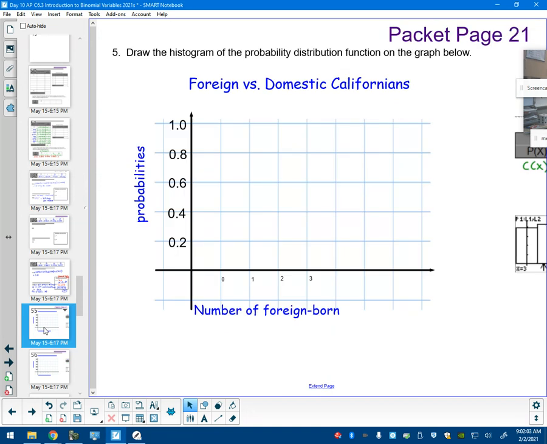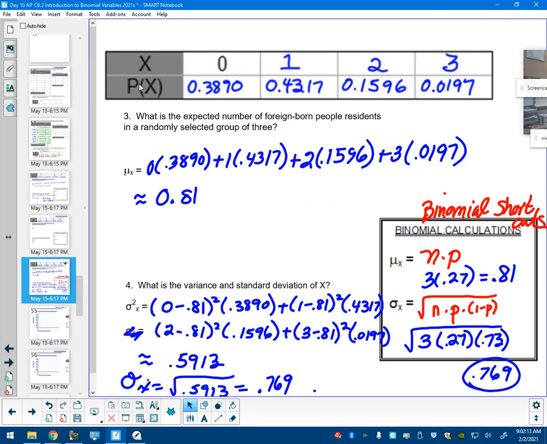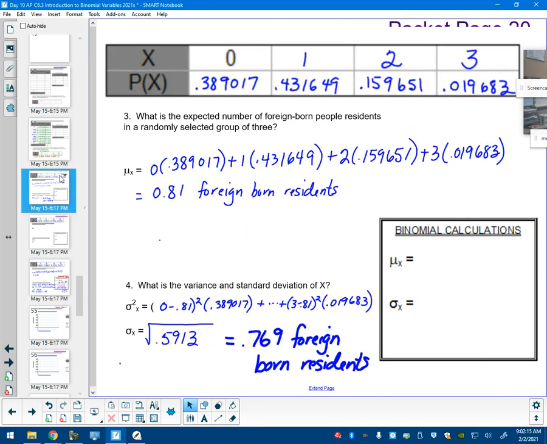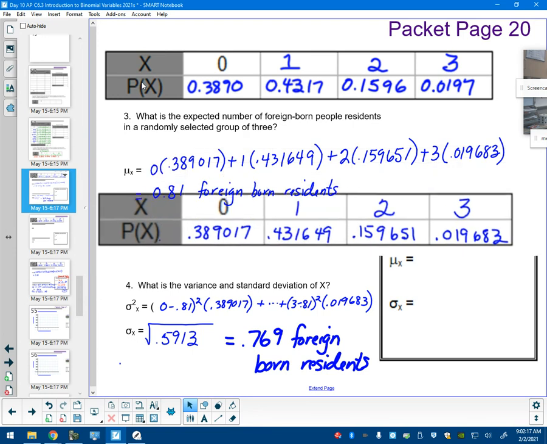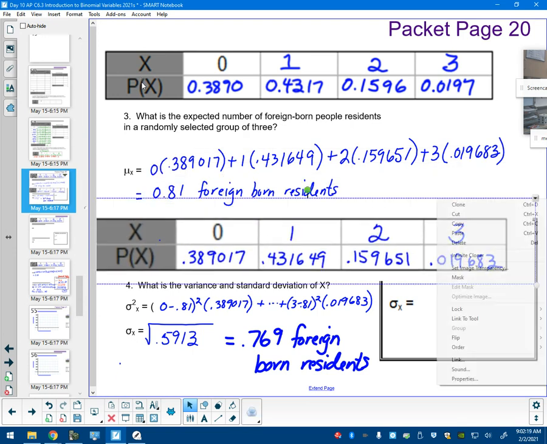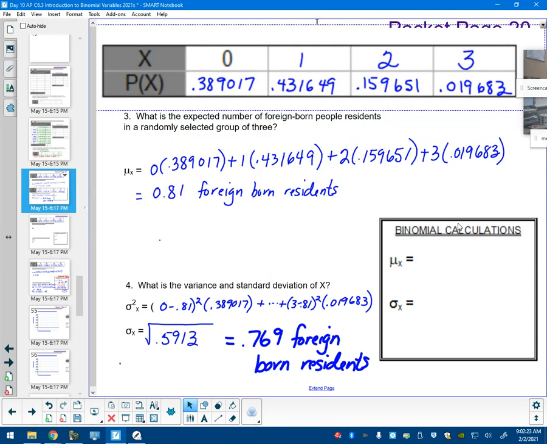So this is page 21. And I need to graph this. So I'm going to grab this, and I'm going to make a copy. Move that back up there.